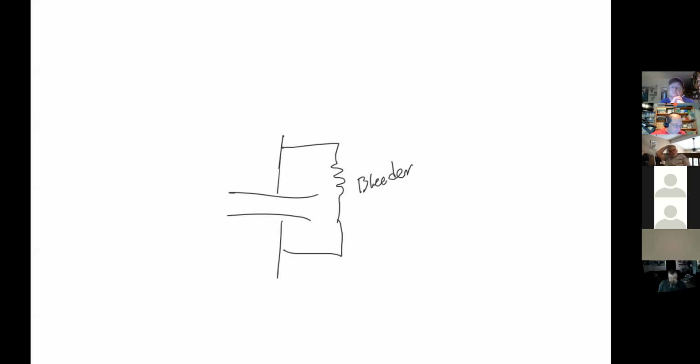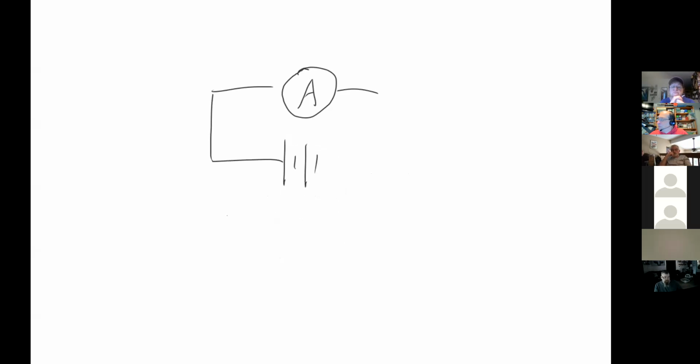Another way to blow up a multimeter is if you attempt to measure voltage with it on the current setting or on the resistance setting. So basically, if you set it up wrong, you can destroy your meter. Another really good way to destroy your meter is if you set it up to measure amps and you put it directly across a battery.